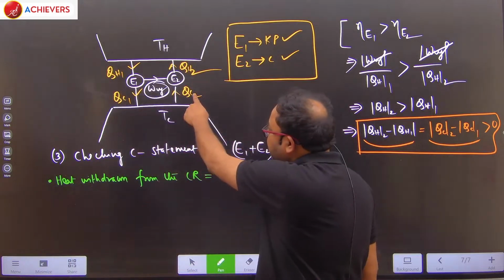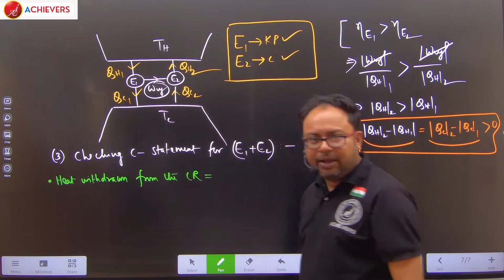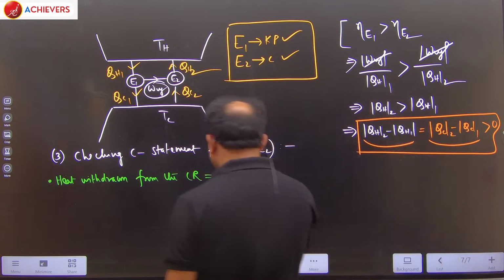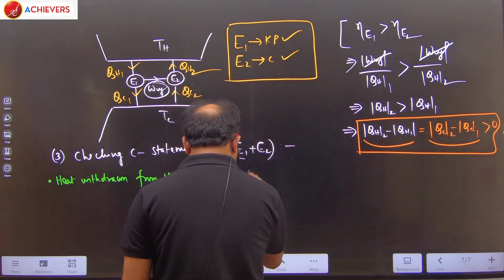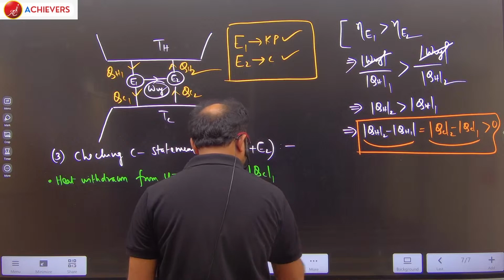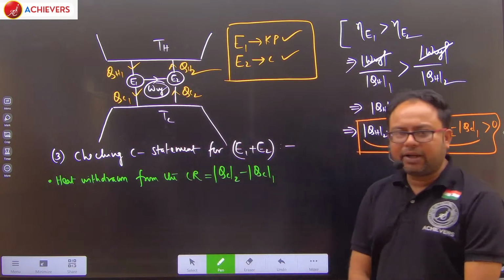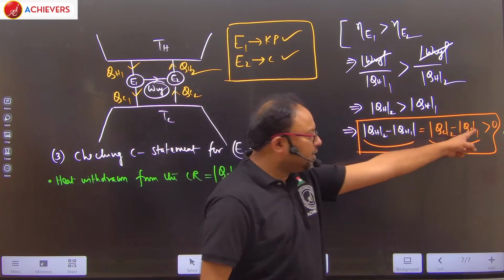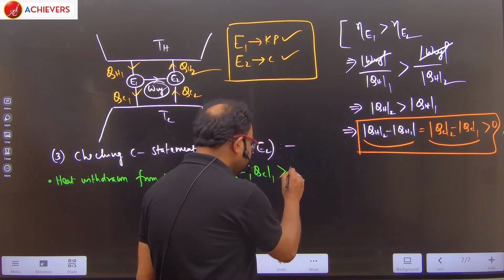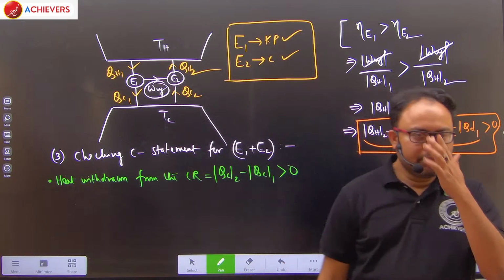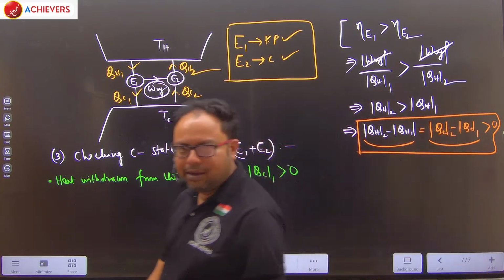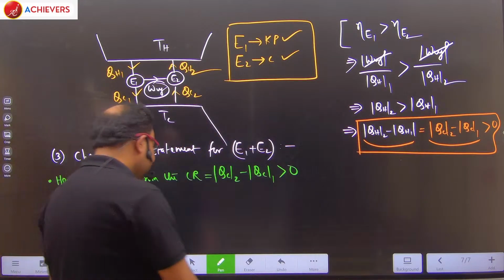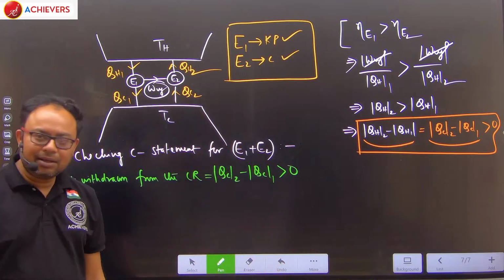You see QC2 is going away, QC1 is coming. So it's nothing but mod QC2 minus mod QC1. And we all know that mod QC2 minus mod QC1 is positive. So this is positive. As simple as that. Next.